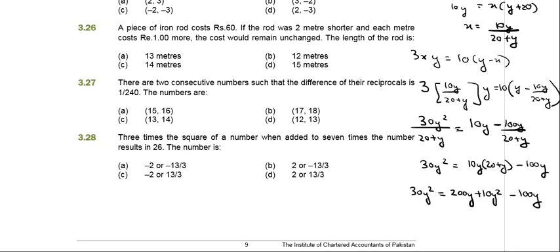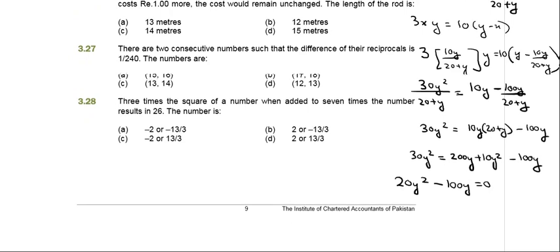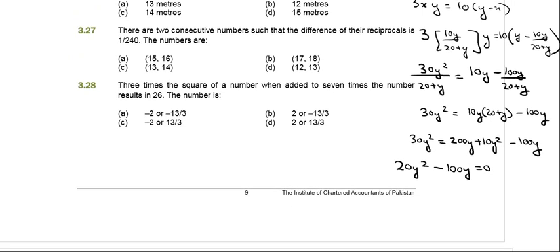Bringing everything on the left hand side, it will become 20y square minus 100y is equal to 0. Taking y common or dividing all the terms by 20, we have y square minus 5y is equal to 0. Y common, y minus 5 is equal to 0. Therefore y is equal to 0 or y is equal to 5.